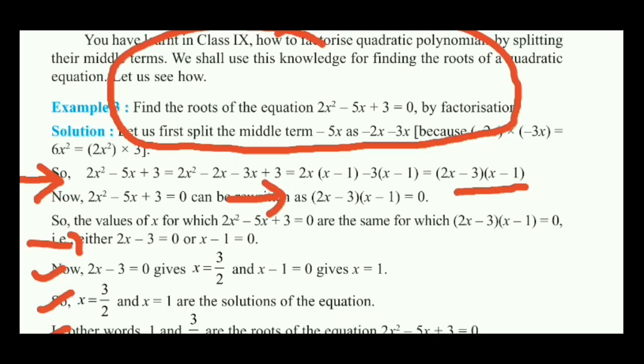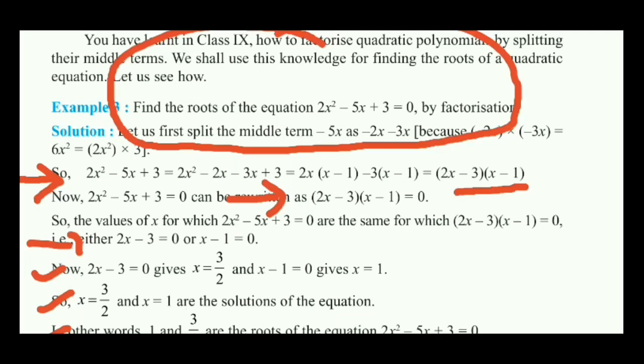After splitting this minus 5 into minus 2 and minus 3, out of the first two terms you will take what is common between them. Clearly you can see 2x is common, and what is left is x minus 1.